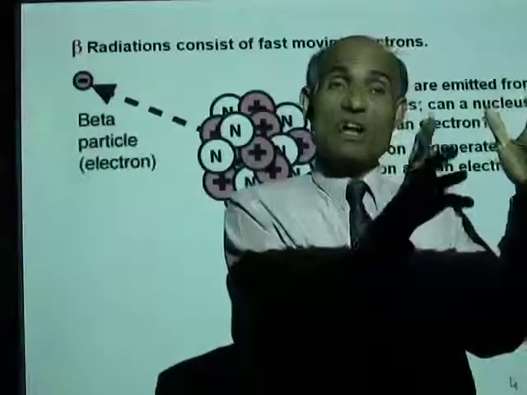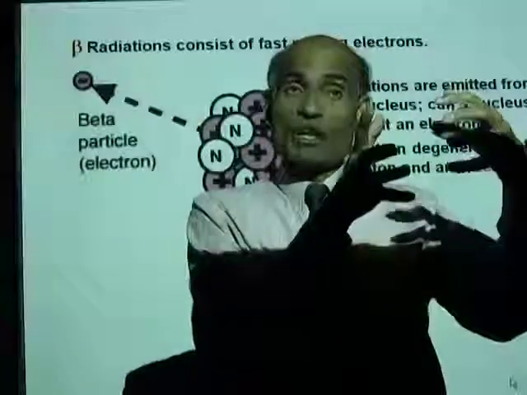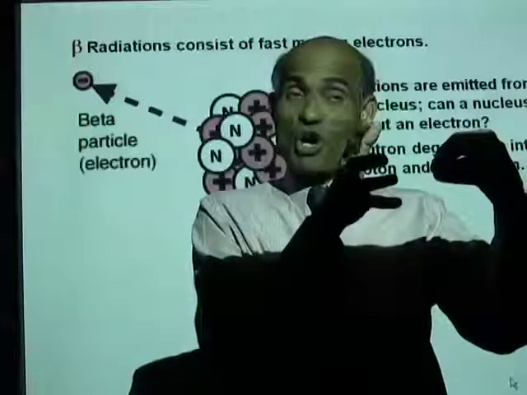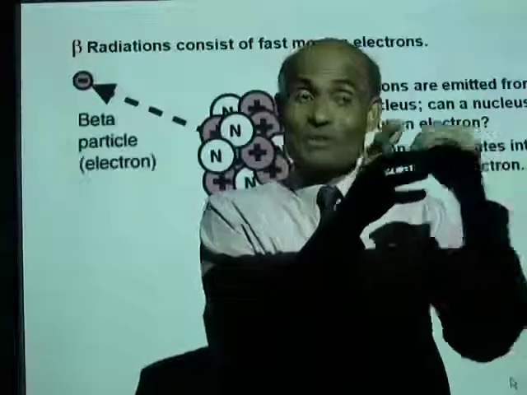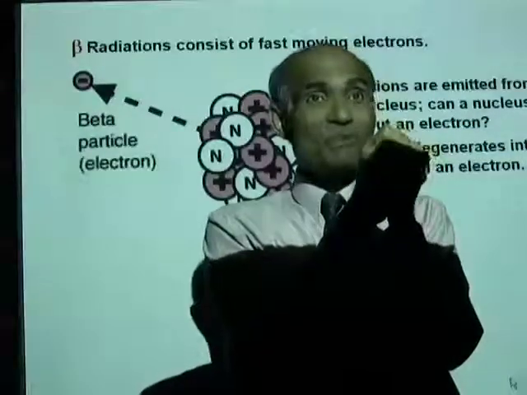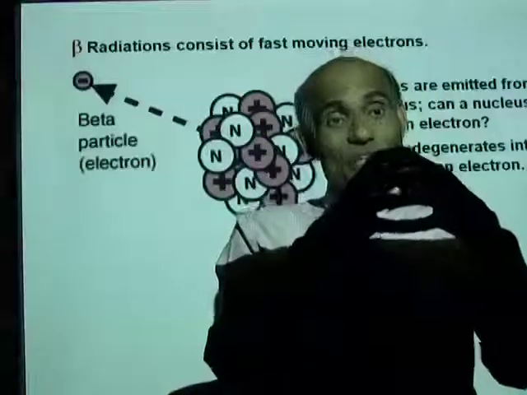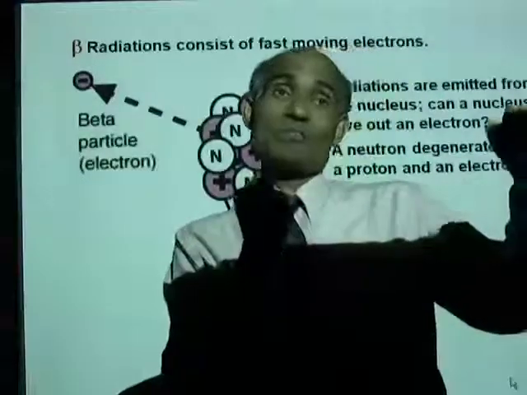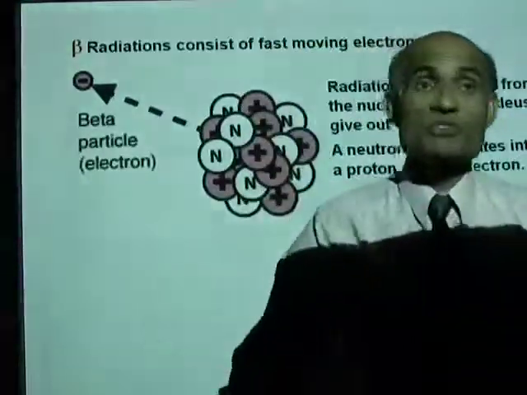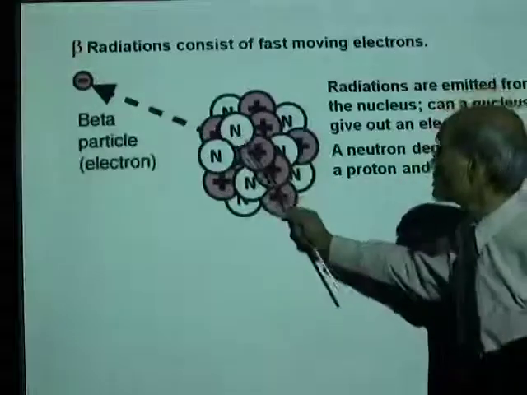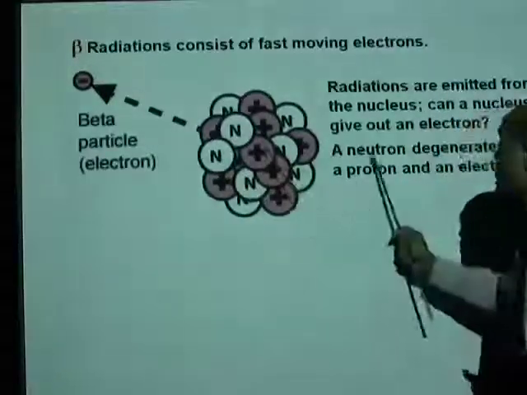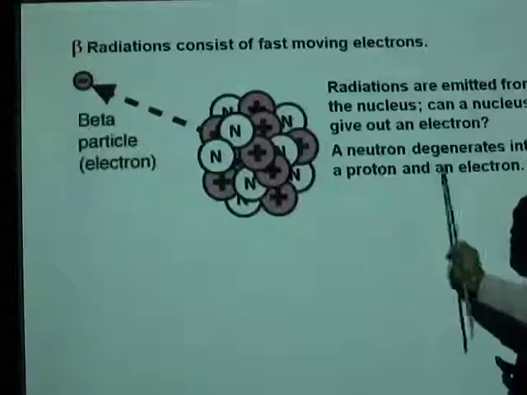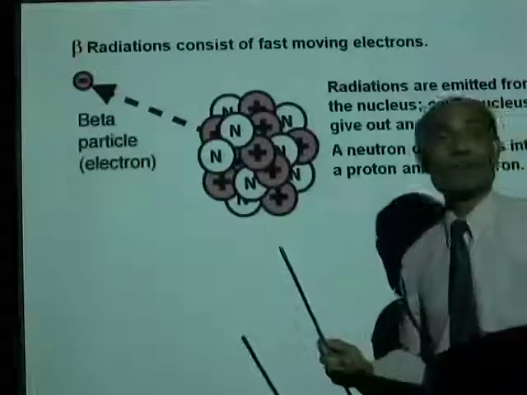The charge carried by a proton and the charge carried by an electron are equal and opposite. When you put them together, they are neutral. And when they separate, you have positive and negative charges. So, inside the nucleus, a neutron can degenerate into a proton and an electron.